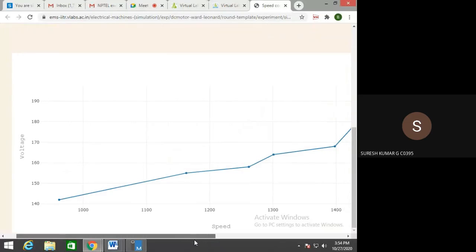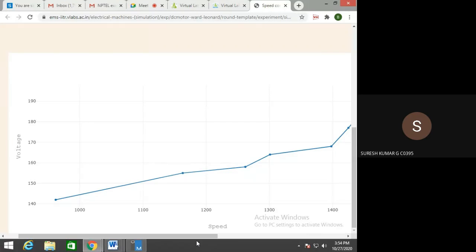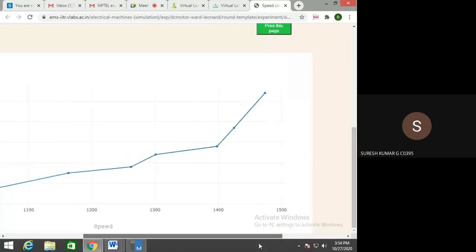In this graph, by comparing both the armature control method and field control method, we can conclude that both graphs can be achieved with the help of this Ward Leonard system. Okay, so this is the graph over there.